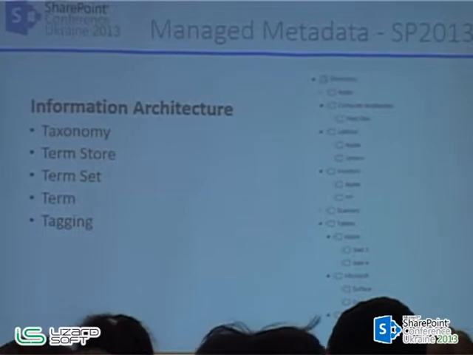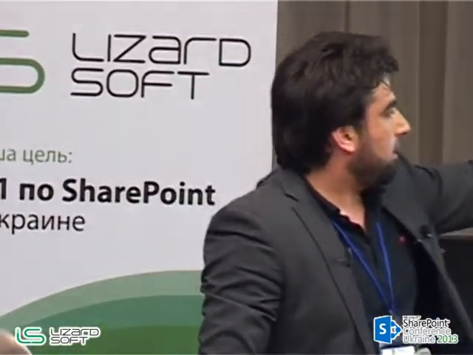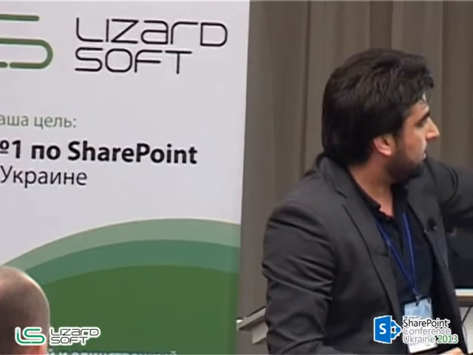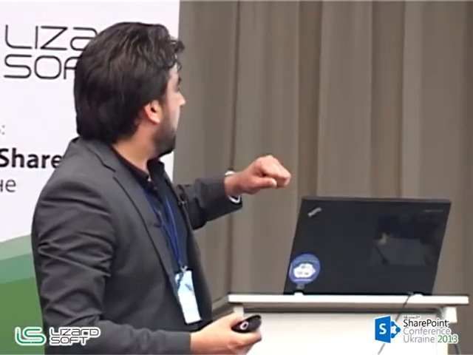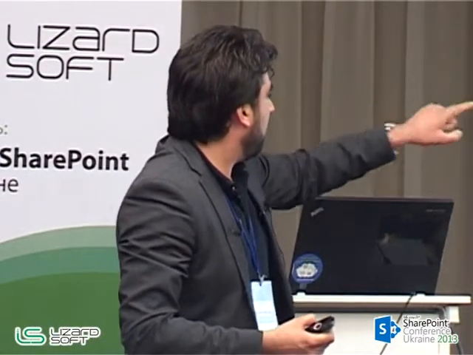Taxonomy for Contoso Electronics, for example: on the top you have Electronics. We call it a term set. And the term store is basically a container that will host all these taxonomies. Then you have the term set being Electronics, and then you have the relative terms.